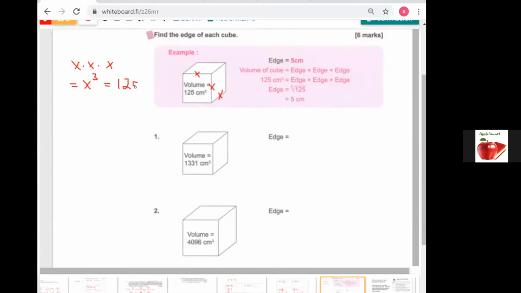So again, one good thing about Zoom and things like that is one skill that I would be attempting to teach is that we would have to go with the cubic root of 125.